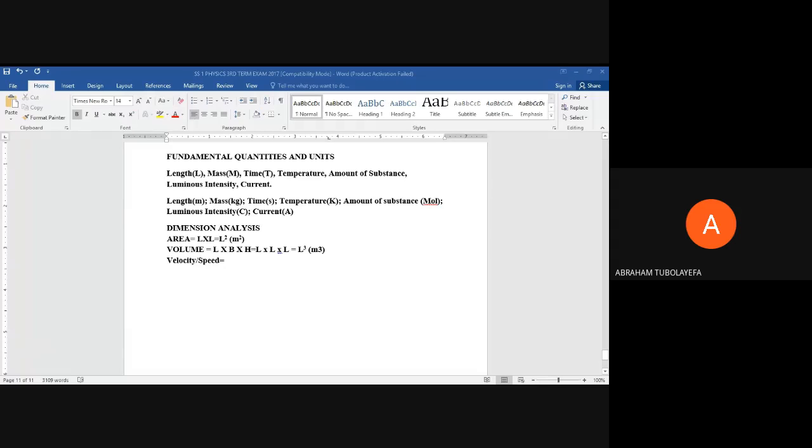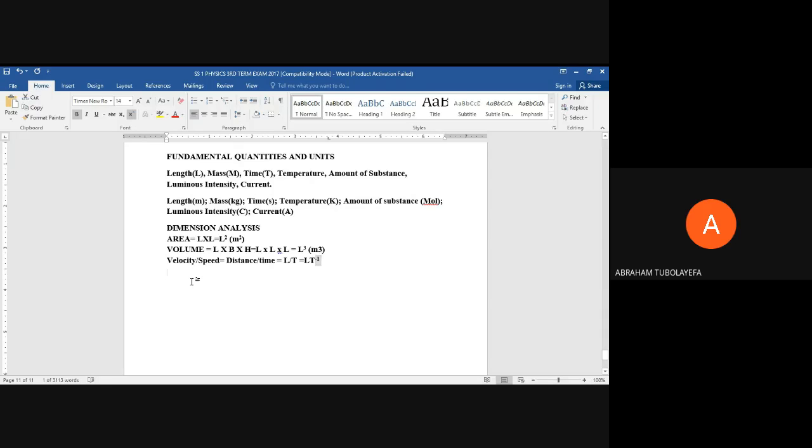The formula for speed is distance over time, and velocity is displacement over time, okay? Distance is the same thing as L, and time is T. So the dimension for that is L T raised to the power of minus 1.